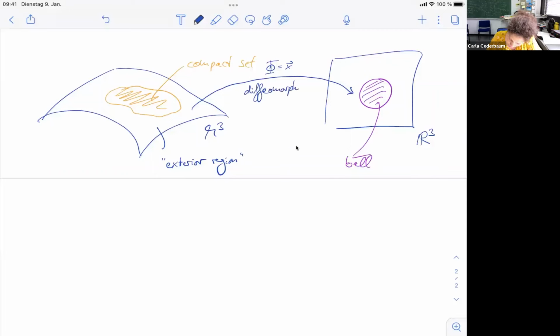If we don't know what the term diffeomorphism means, it means a one-to-one onto map between this exterior region M3 outside the compact set, in orange in the picture, onto this exterior region of the ball in Euclidean space.